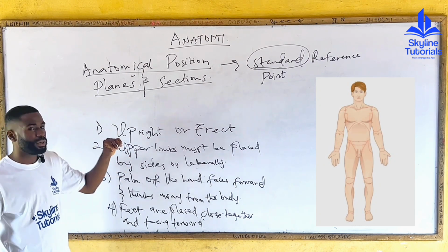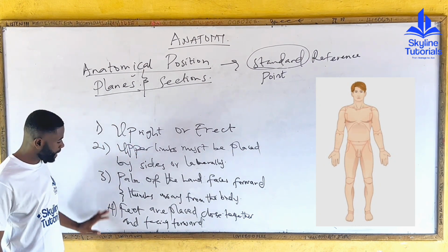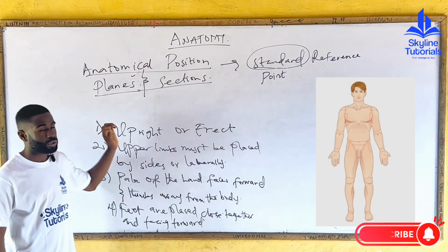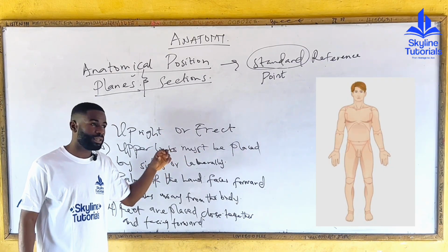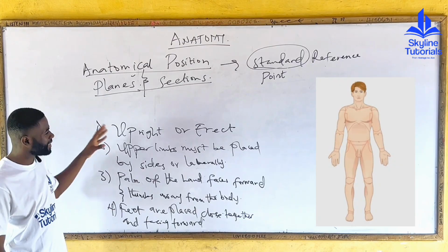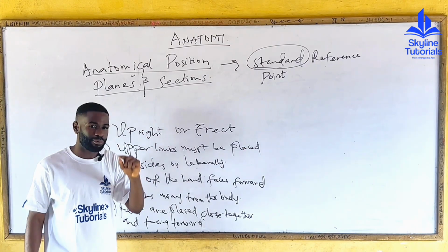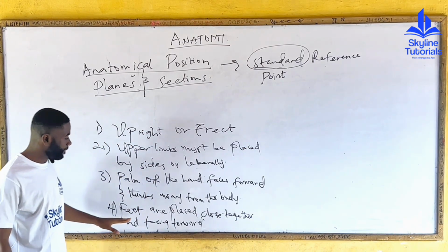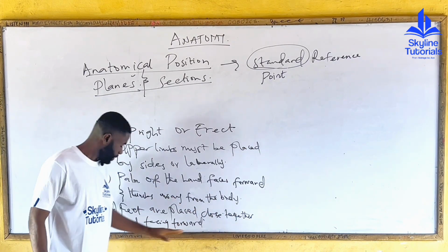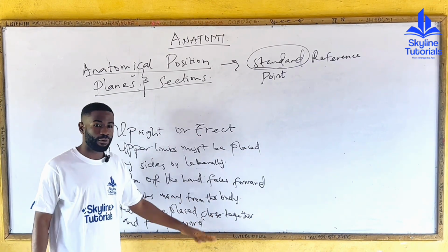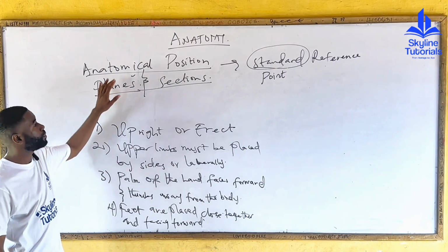In studying that image, you should consider all of these factors. These are the factors that must be seen in any body that is anatomically positioned. The next is the feet are placed close together and facing forward. So that's it for anatomical position.